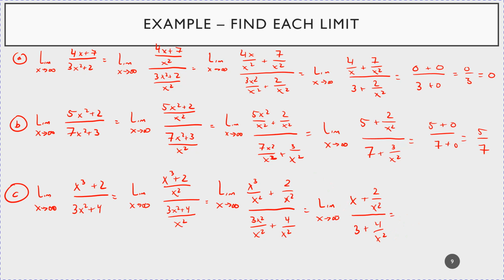As x goes to infinity, x goes to infinity, plus 0 divided by 3 plus 0. Well, infinity divided by 3 is still infinity. So this increases without bound. I just want to be clear that when you say a limit equals infinity, that still means it does not exist. It's just describing the behavior. It's saying you're going all the way to infinity, increasing without bound.